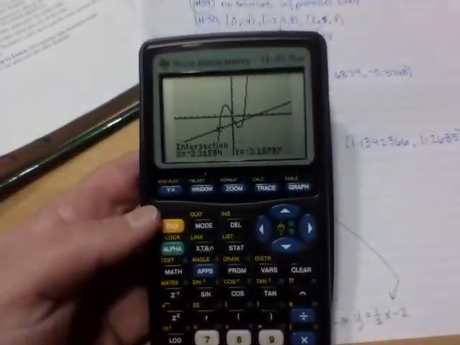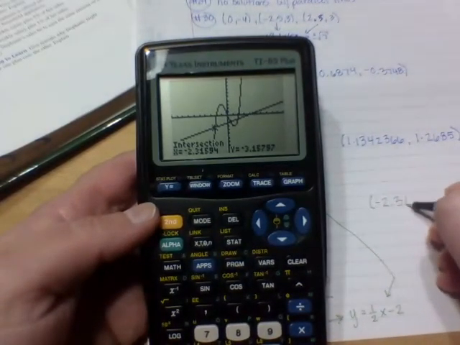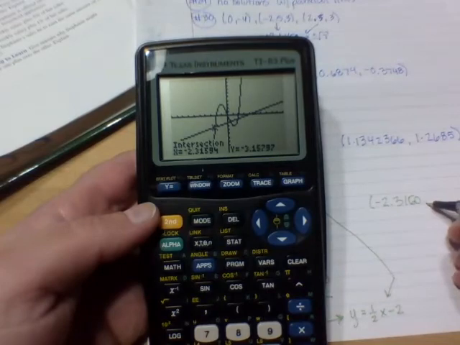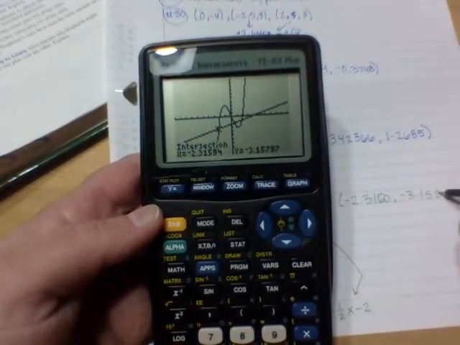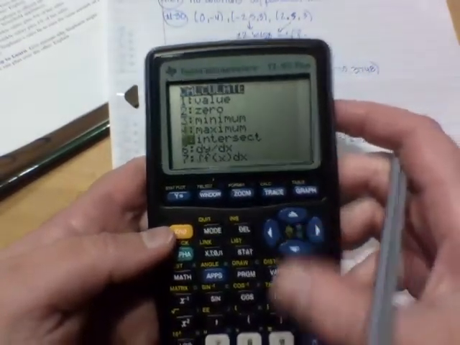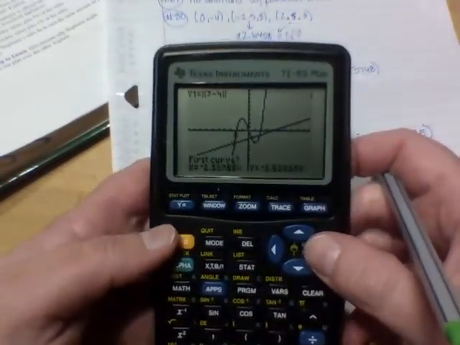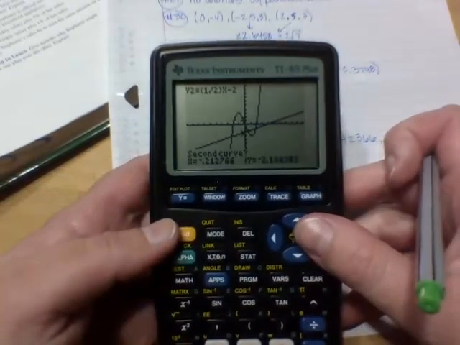And so one of the intersection points is going to be negative 2.3160, and then negative 3.1580. Then we get to do second calc again. Do not just trace, because you are not going to get anywhere near what the answer actually is.